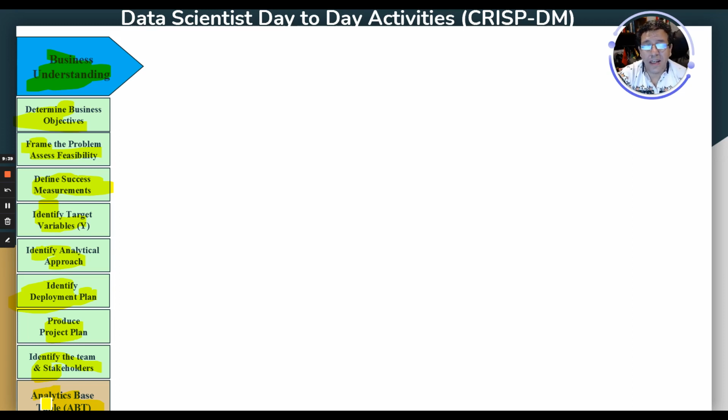So you got a lot of data, but it's not yet collected. It's not yet ready for you to start working on. So you might need to use the analytical base table methodology or process simply to determine what you are going to need as far as the data is concerned.